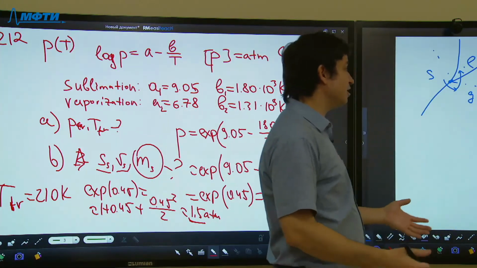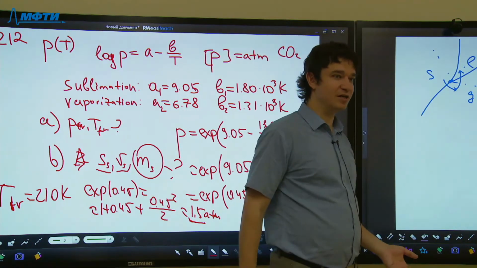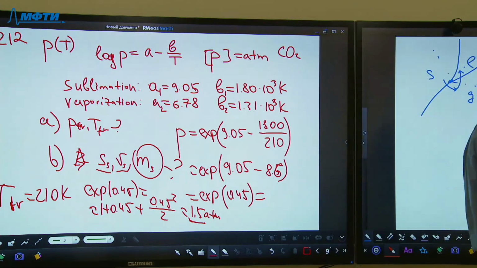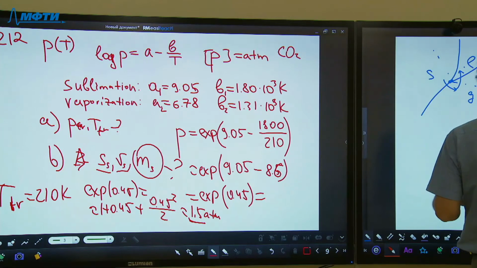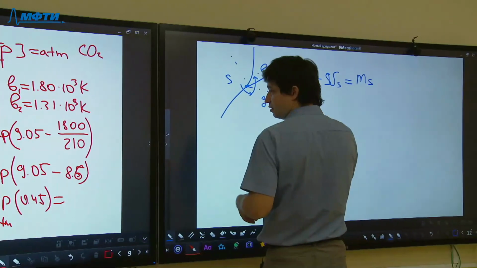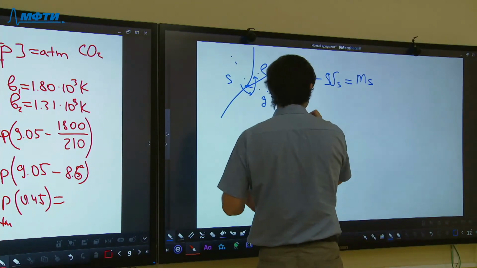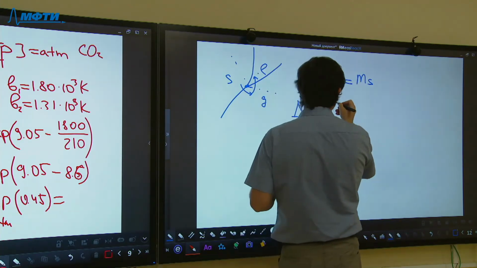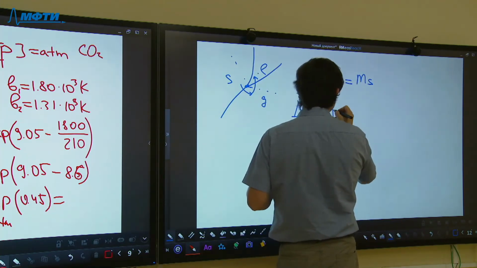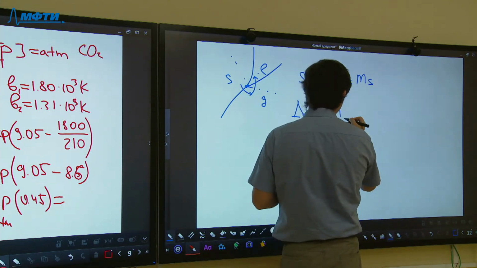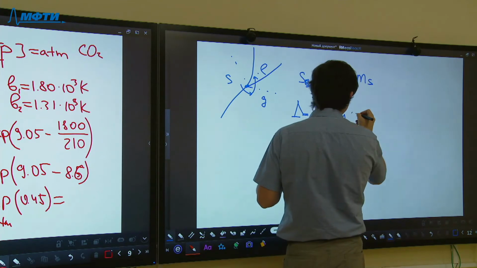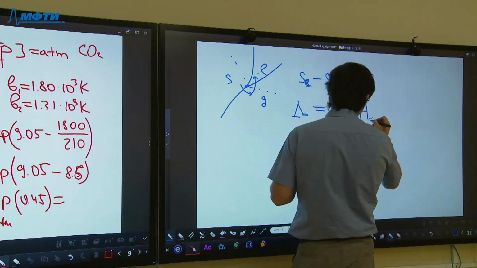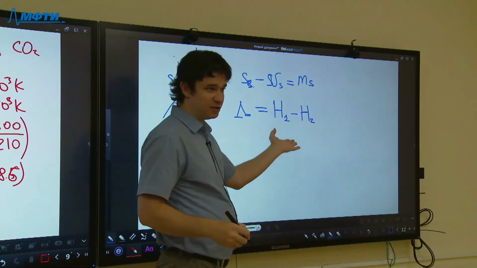Well, actually, I can express this relation more mathematically. The specific heat of the phase transition is equal to the difference in enthalpy of 1 mole, or 1 kilogram, or 1 unit of mass of one phase minus 1 unit of mass of the second phase.